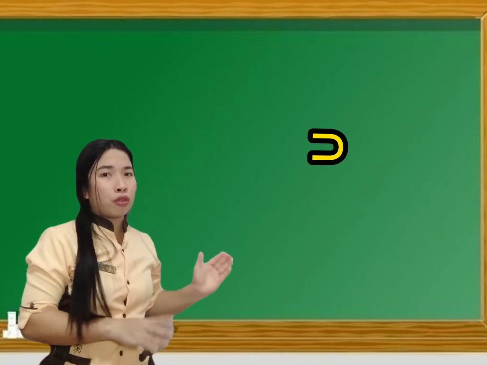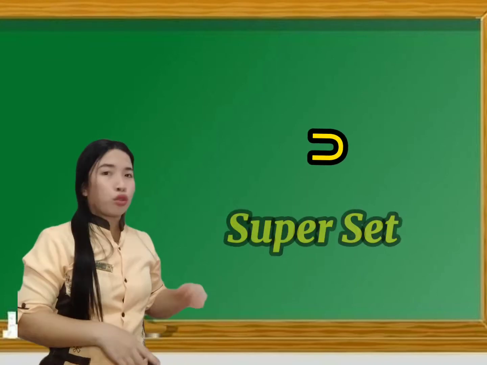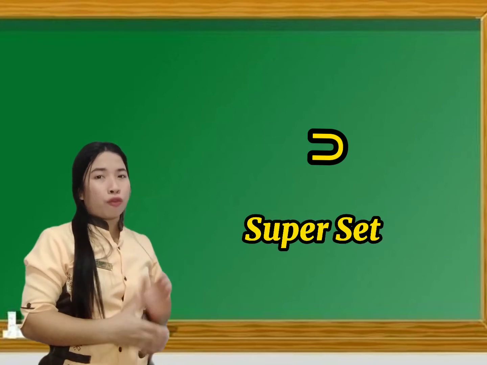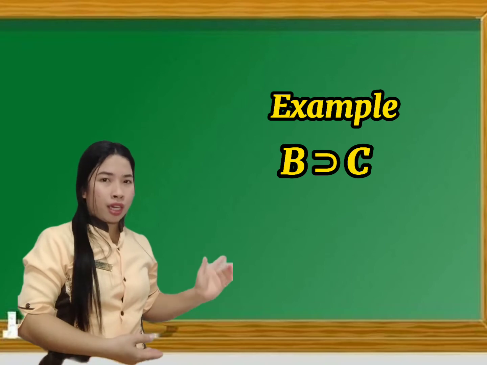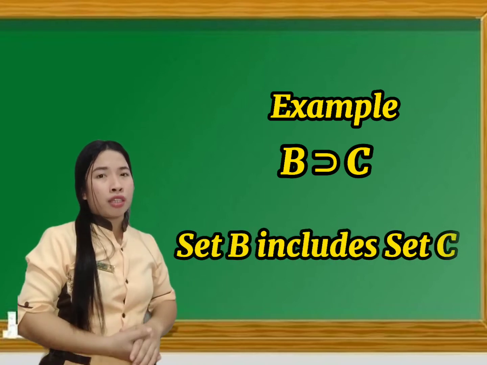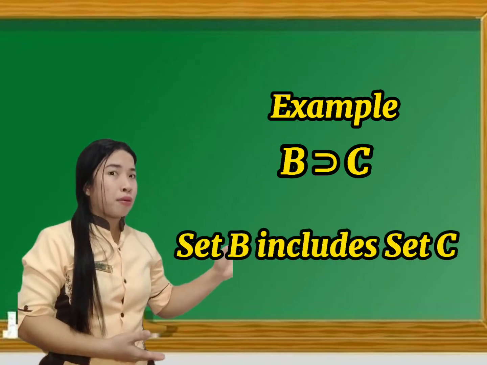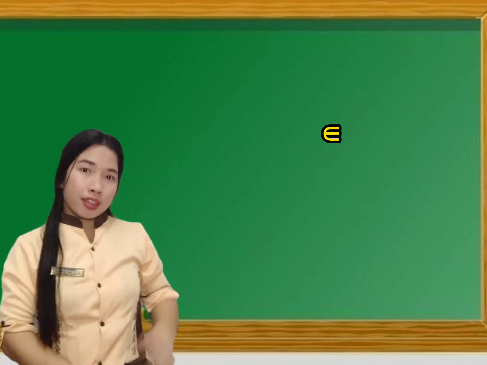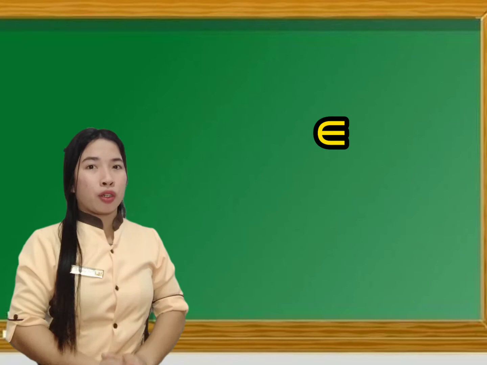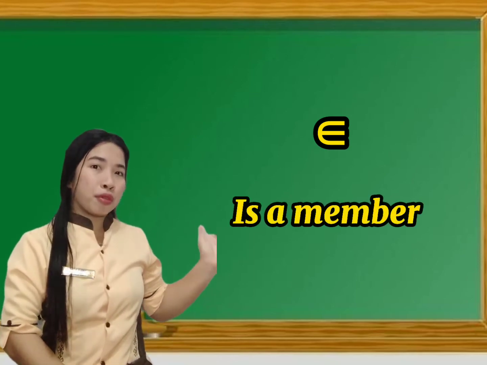Next symbol, this is superset. So for example, B is a superset of C. Superset means set B includes set C. Next symbol, we call that is a member.